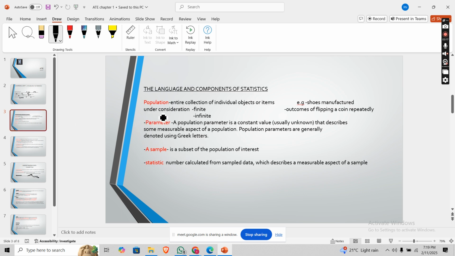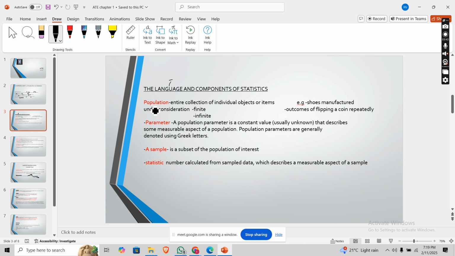So I'm going to discuss a few concepts of statistics so that you can learn the language of statistics. The first concept is population. A population is the entire collection of individuals, objects, or items.